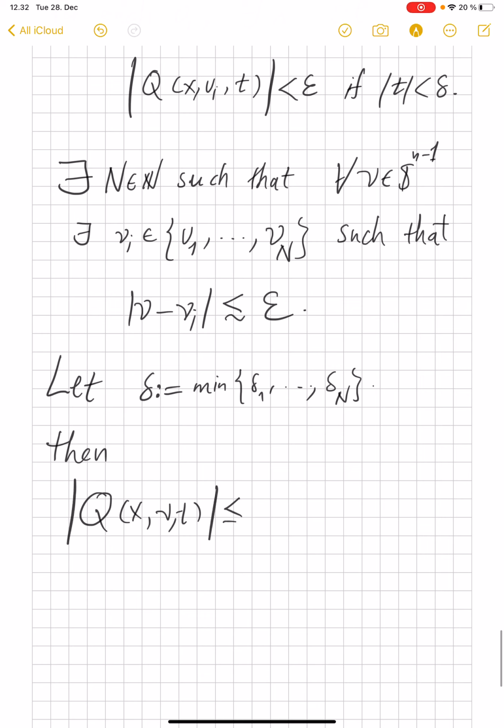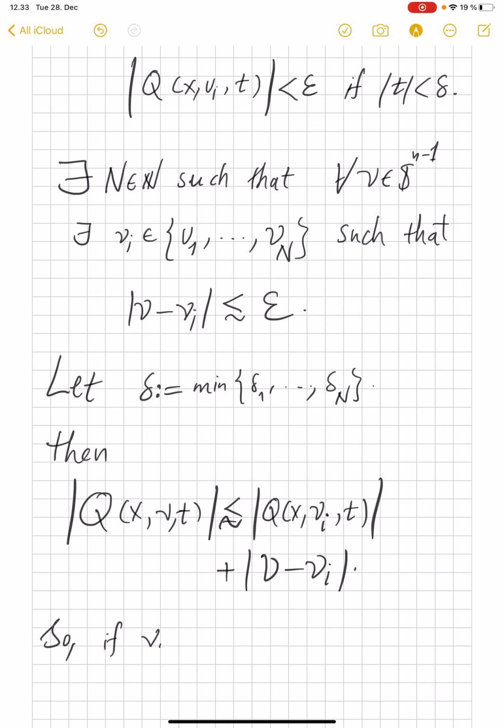So I replace it with Q(x, vi, t), and the price I pay is the difference of Q(x, vi) from Q(x, v). And we saw that this is less than |v minus vi|.